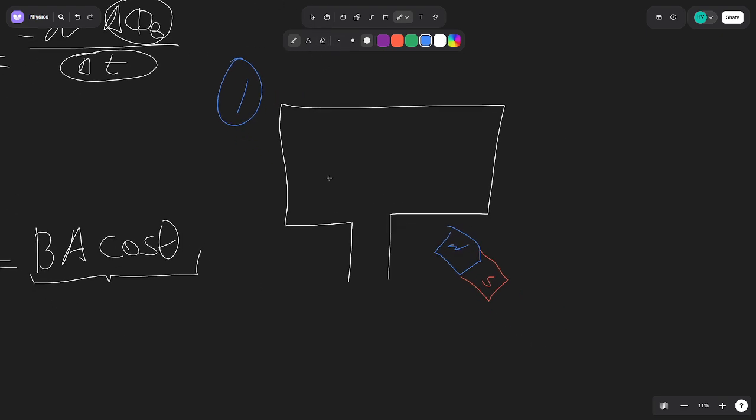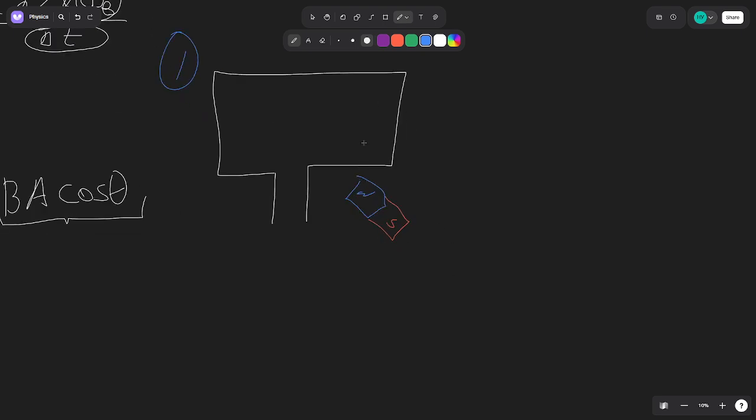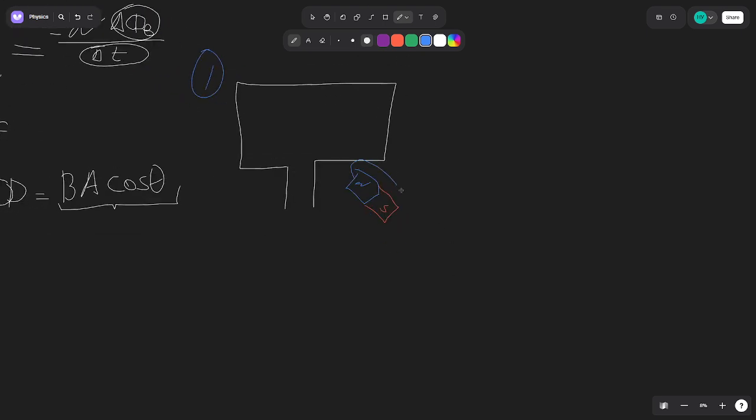In the first case, we got a coil with some current and all of this stuff. And we got a magnet. So the closer the magnet we put into this coil, the closer the magnetic field here, right?